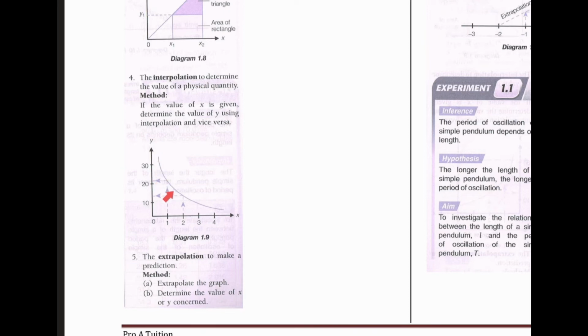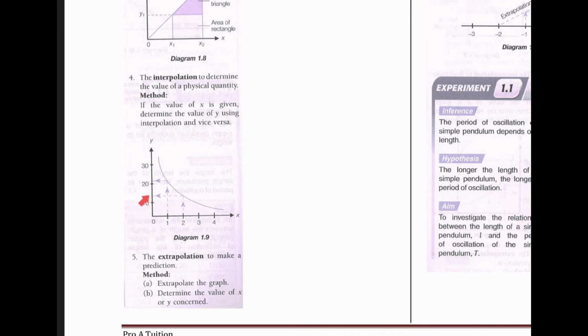This is the graph given. You can use this graph to find out the corresponding value of y. Let's say if x is 2, you bring x equal to 2 to the graph, then you bring it to the side, then you look for the value of y.